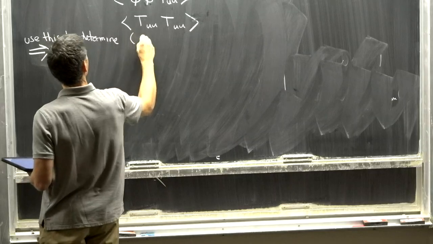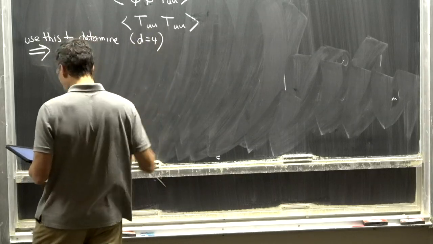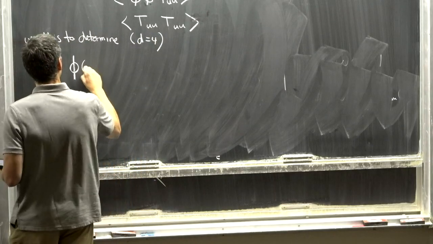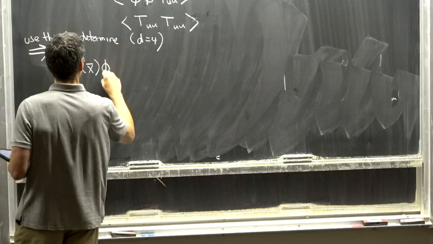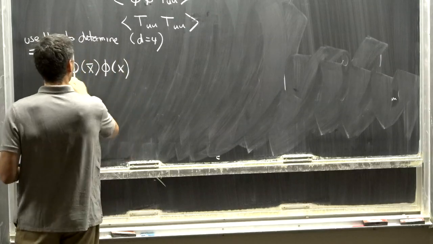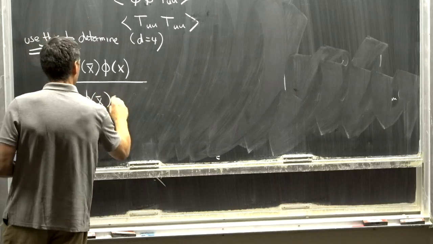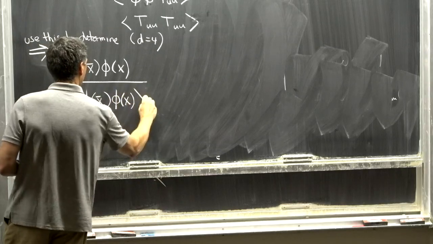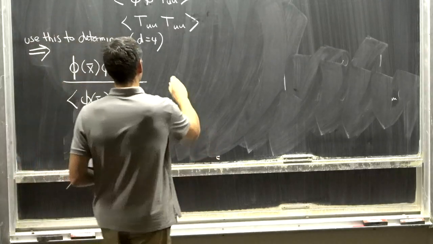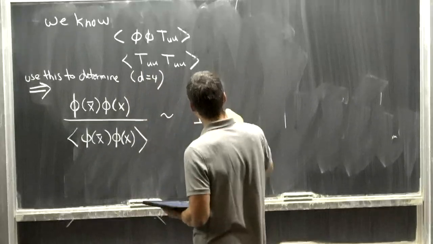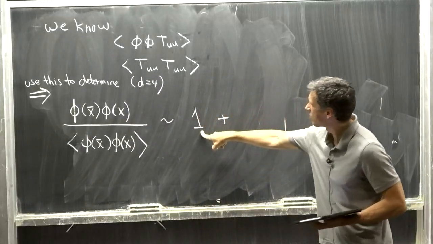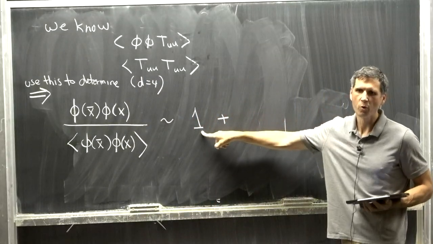And in d equals 4, here's the answer. I'm going to normalize this by the phi two-point function. There's a contribution from the identity operator, which we've normalized to be 1.